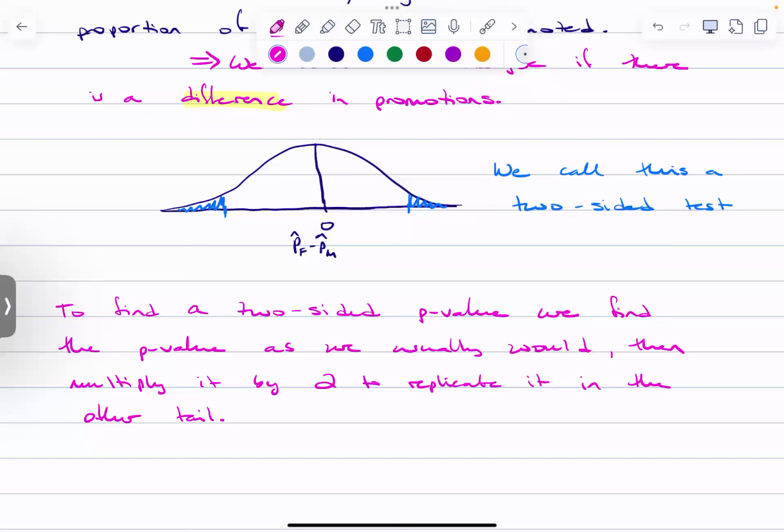If the p-value has to be less than the alpha level, then multiplying my p-value by 2 makes it harder to reject H naught.